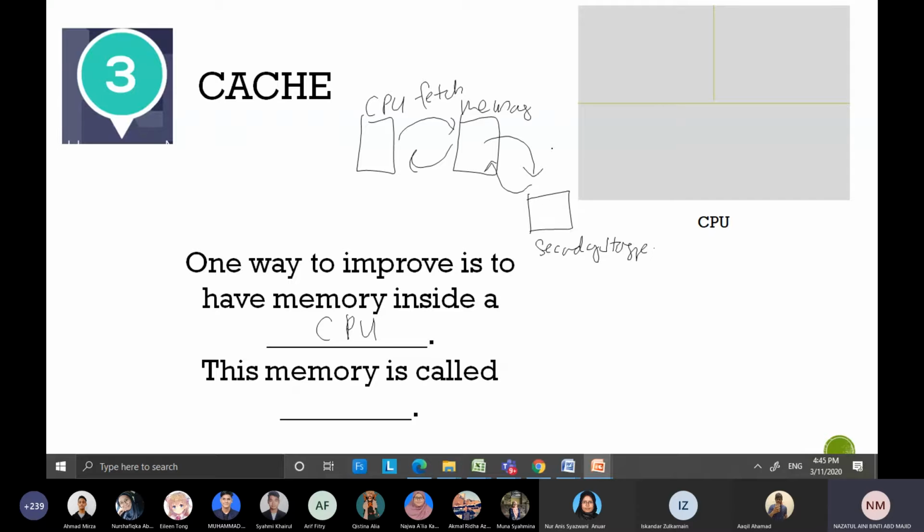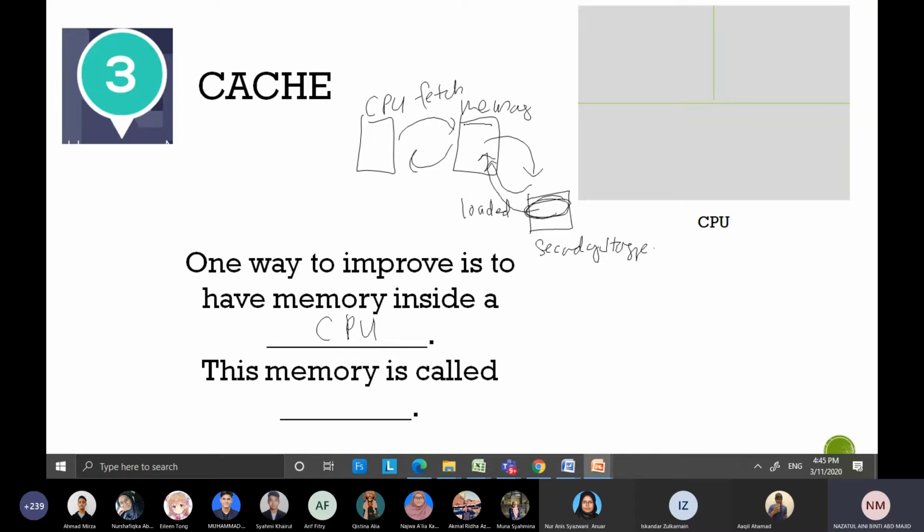When you double click a program, the program inside the secondary storage is loaded into your main memory, and then there is a mechanism we call scheduling. We will learn more when we look at the topic of operating systems. This is just a brief explanation of how it works between these components.